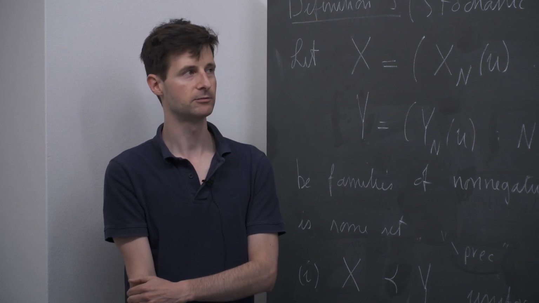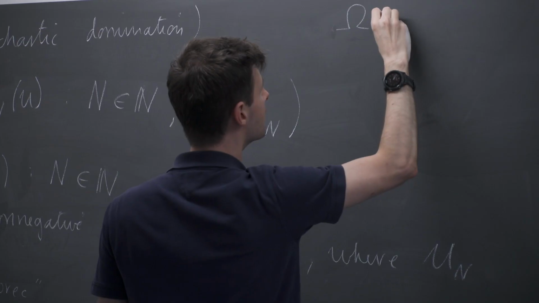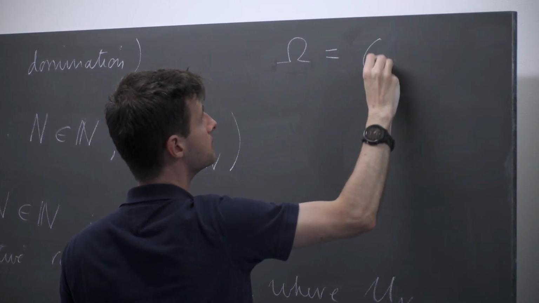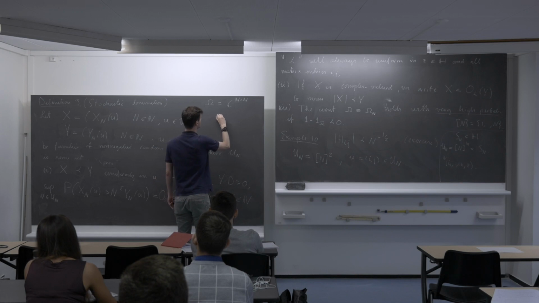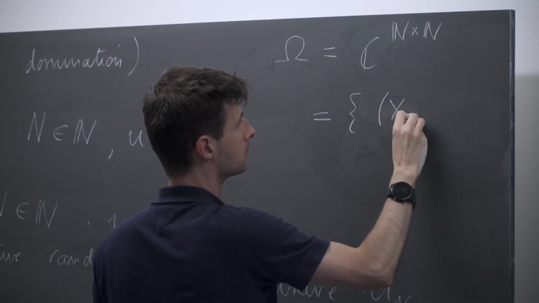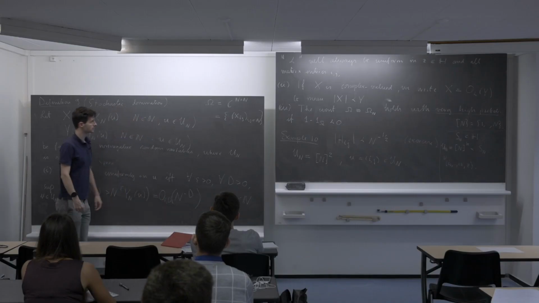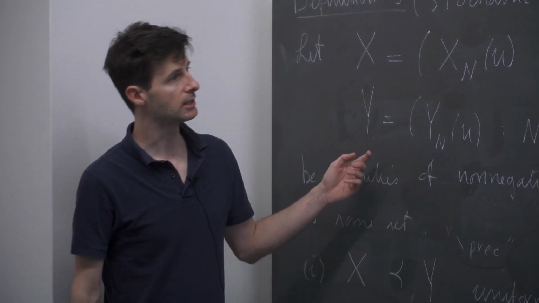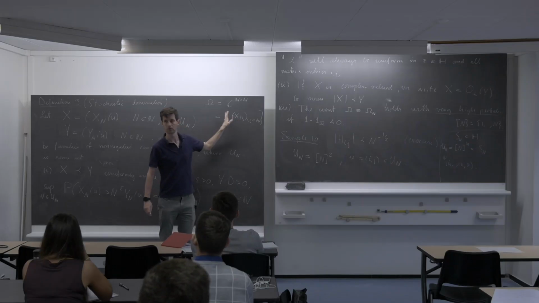Okay, maybe I should not say a single probability space, but you see, for example, you would have an infinite matrix, an infinite square array, and when you give yourself an n, you would just pick your matrix to be formed from the n by n upper left block of this infinite array.